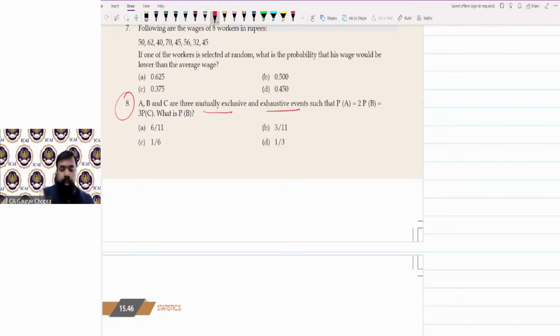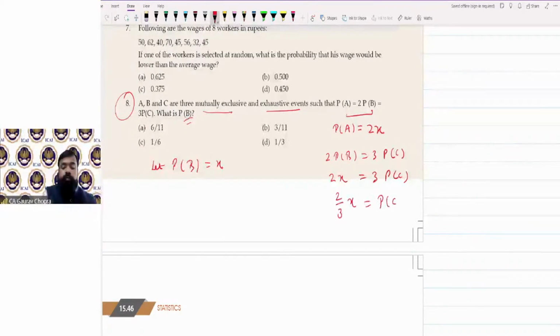So what can be done? If we have to find PB, let us take PB as x. Let probability of B be equal to x. Now, according to the given relationship, PA is 2 times PB. So we will write 2 times x. And also 2 PB is equal to 3 times PC. So it will become 2x equal to 3PC. Therefore, the value of probability of C is 2 by 3 x.